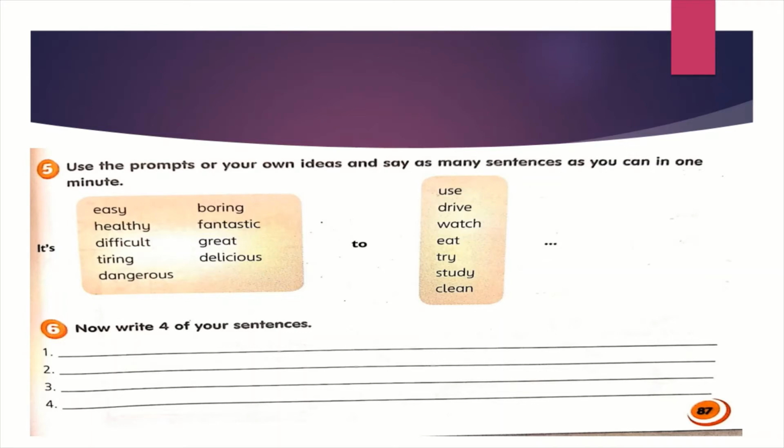It's healthy to eat. I need you to make as many examples or sentences as you can orally. You say them or you write them in a draft, and in activity 6 you have to write 4 of them. 4 of these sentences, you write them down in the space given in activity 6 and you send me and I will check your work.